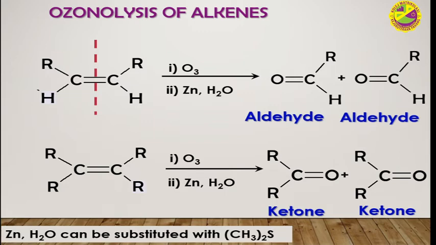If this alkene undergoes ozonolysis, we can split the carbon-carbon double bond, and each carbon will end up with oxygen. Since there are no hydrogens, both the products will be ketones.